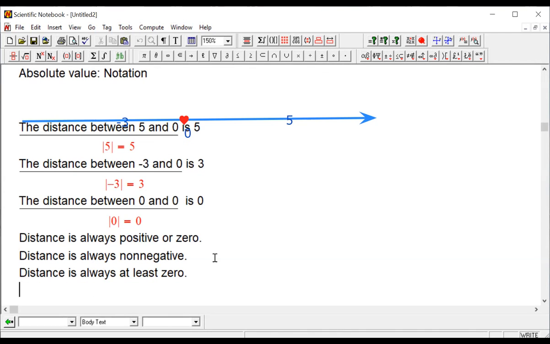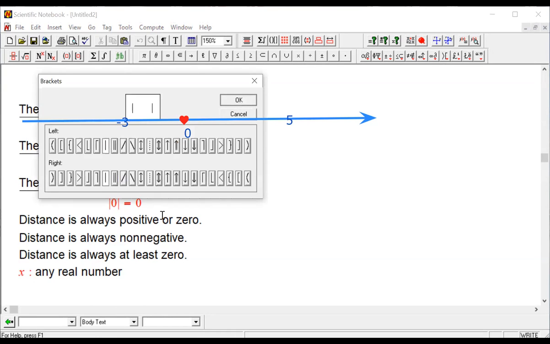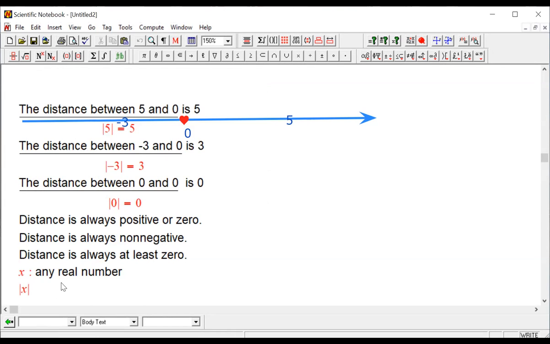And mathematically, how do we express distance? Suppose x is any real number. The distance between this number and the origin, which is the absolute value of x, is going to be at least 0.